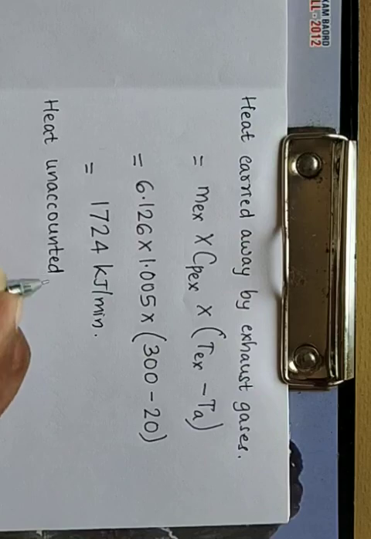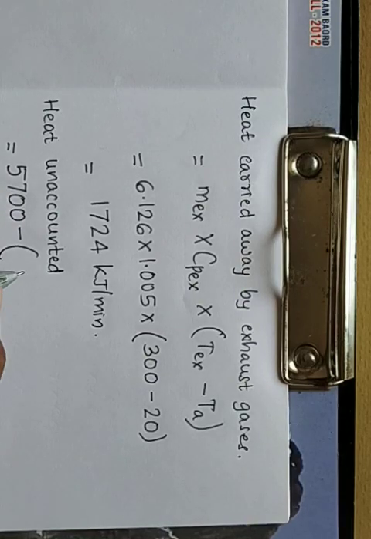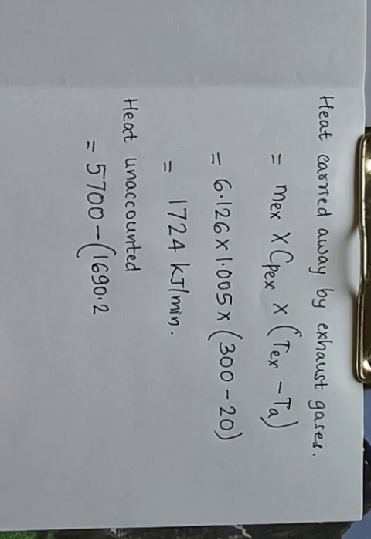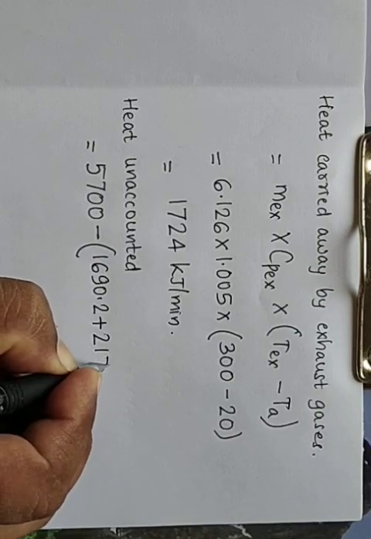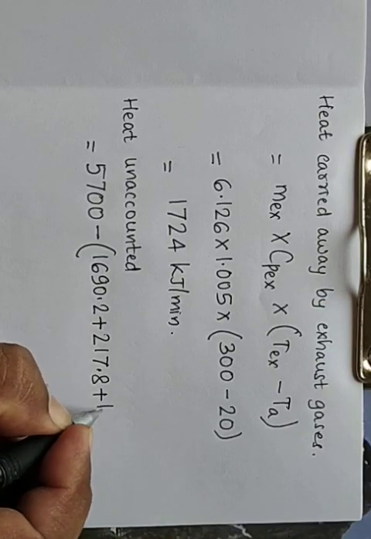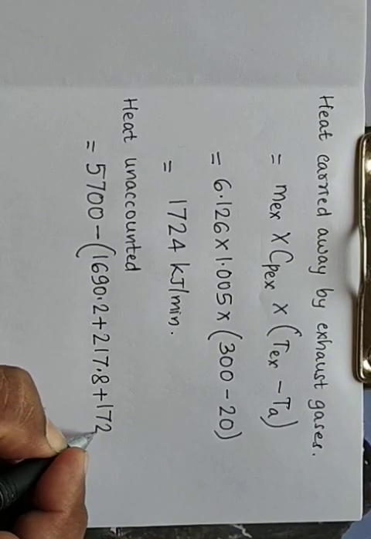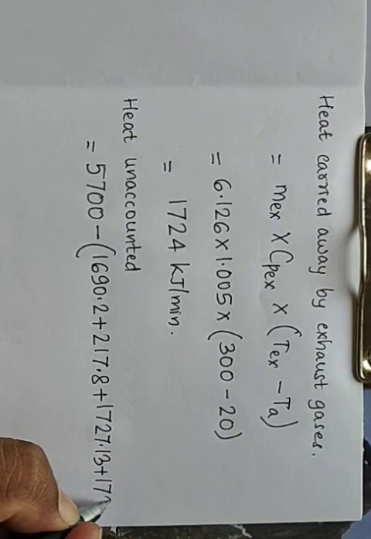Then find out heat unaccounted or unaccounted heat loss. So heat unaccounted will be equal to heat supplied, that is 5700, minus, in the bracket, heat equivalent to BP, 1690.2, plus the frictional loss, that is heat equivalent to FP, plus heat carried away by cooling water, plus heat taken away by exhaust gas.